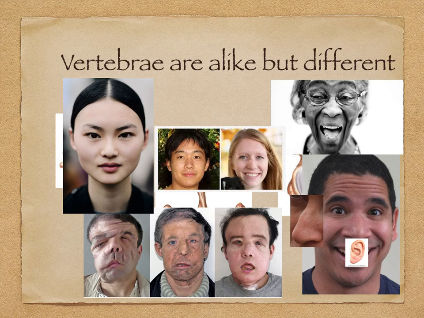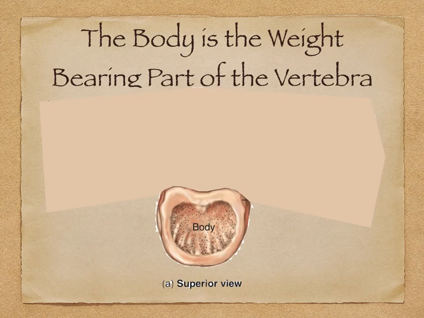So let's look at, we want to start with 7 typical features that you would find on all of the vertebrae. So, for example, every vertebra has what is called a body. I pointed that out earlier. This is the weight-bearing part of the vertebra. If you remember bones, this is compact bone around a cancellous core.